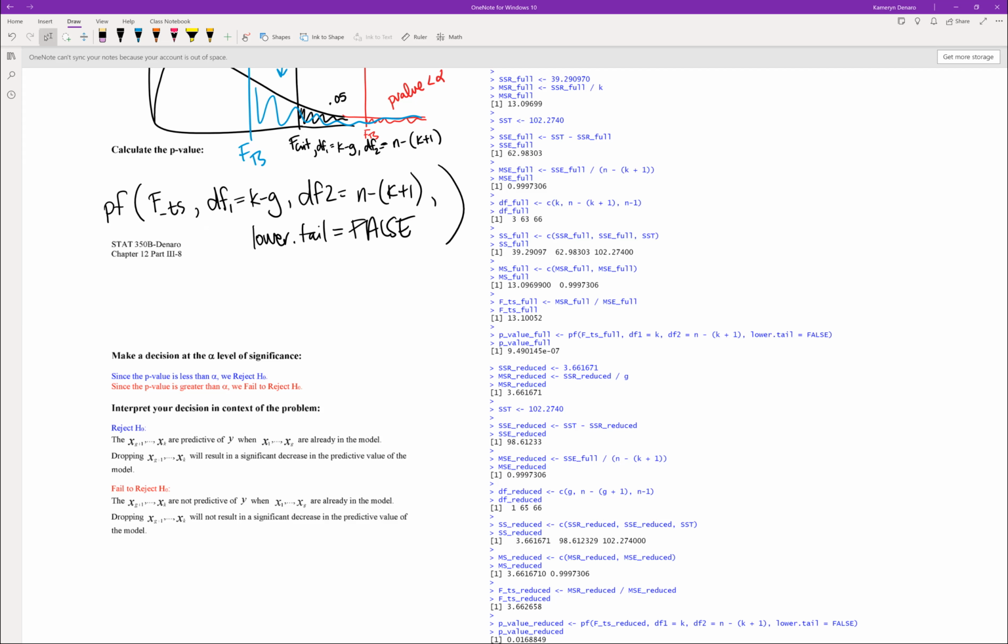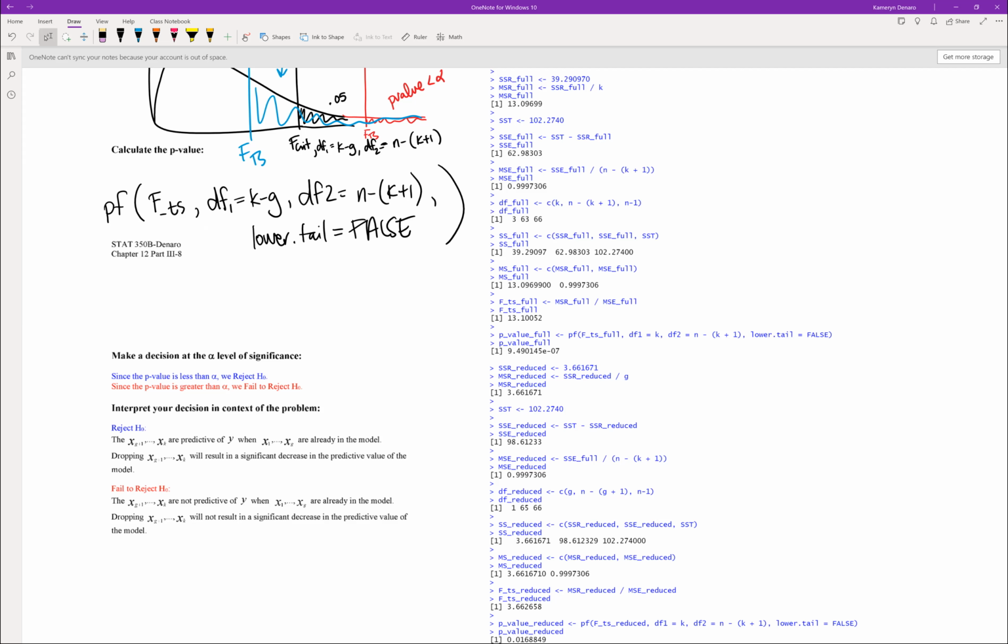If we want to interpret this in the context of the problem, if we reject H0, at least one of those predictors has a slope that's different than 0, which means that x g plus 1 up to x k are predictive of y when x1 to xg are already in the model. Dropping x g plus 1 up to x k will result in a significant decrease in the predictive value of the model.